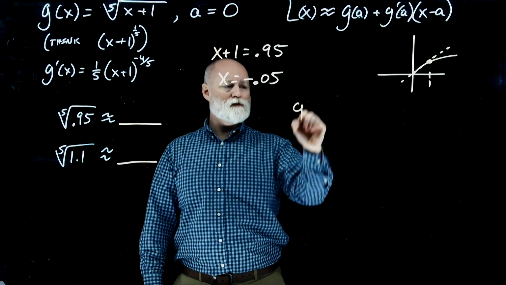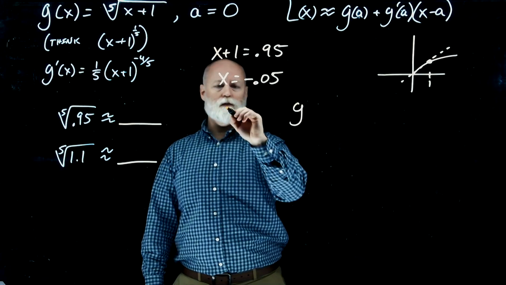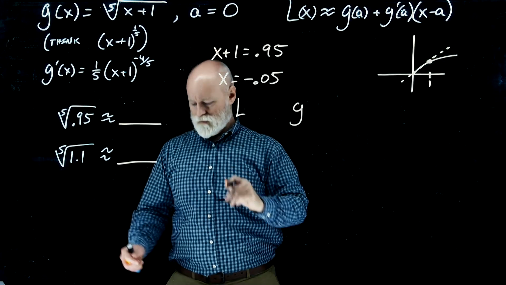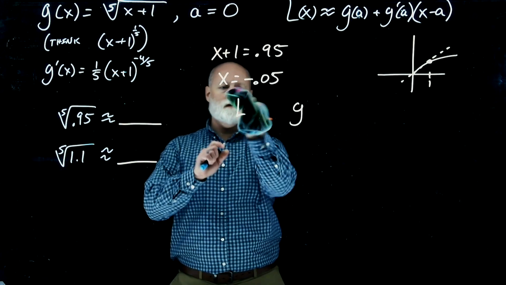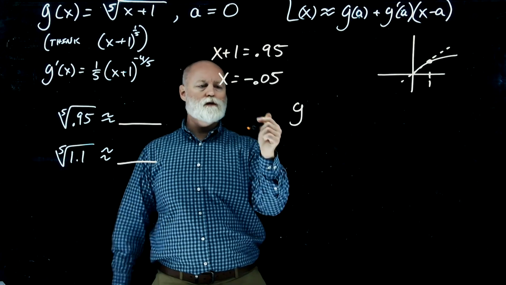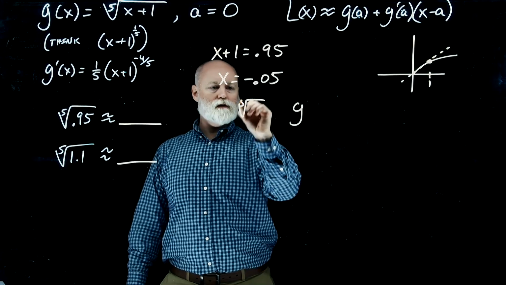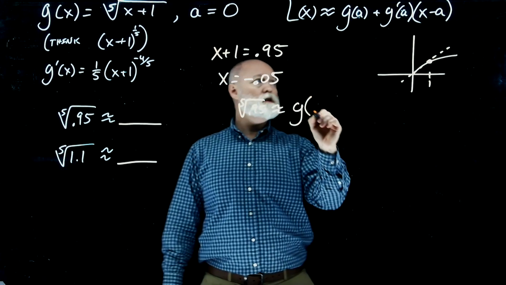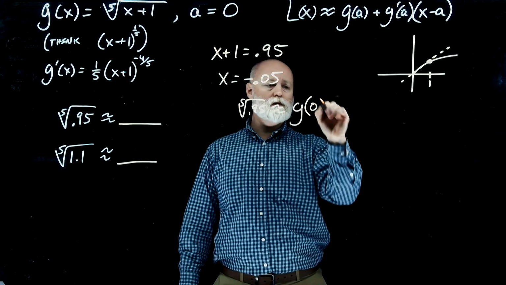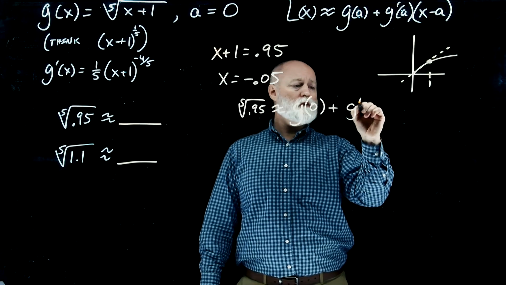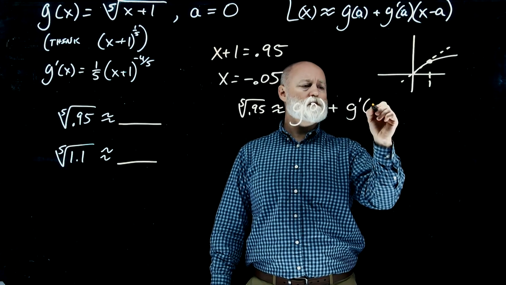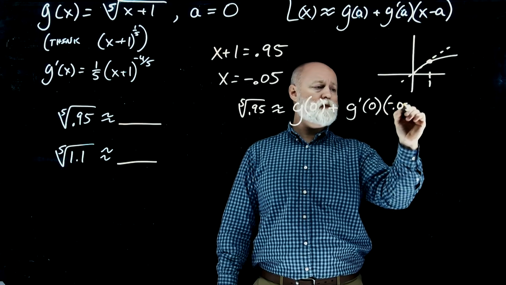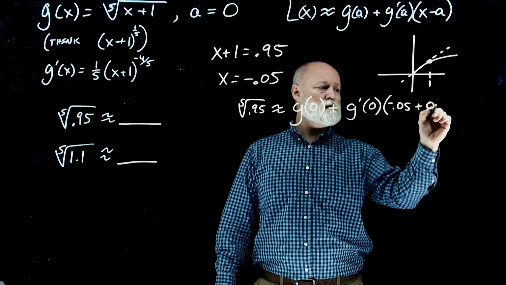So what I mean by that is the approximation of the fifth root of 0.95 is going to be found by doing g of a, where a is 0, plus g prime of a, which again is 0, times negative 0.05 plus 0.